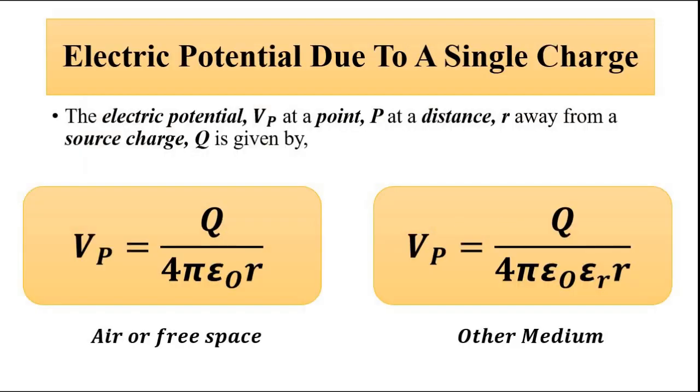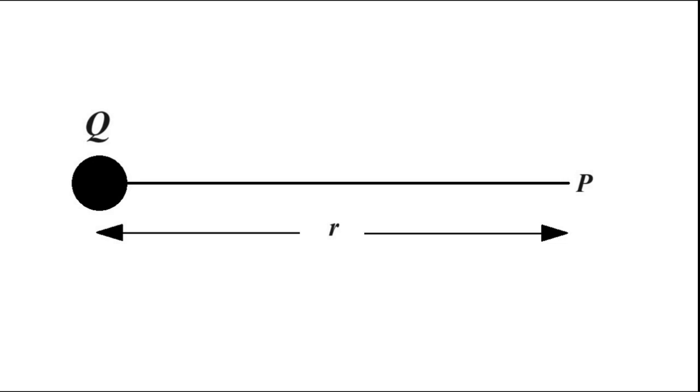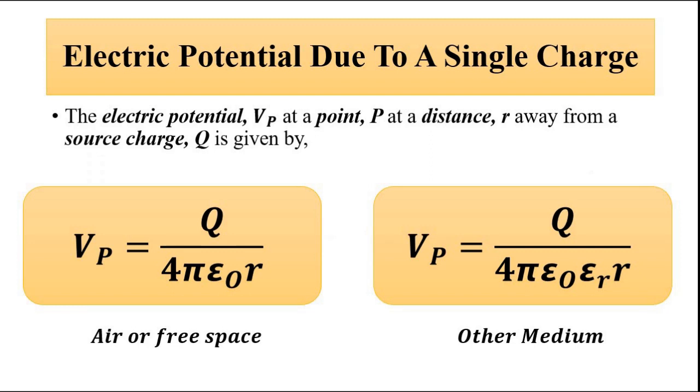So first, a little bit on electric potential due to a single charge. We are assuming a point charge, let's say. If we have a point charge, a source charge, capital Q, and we want to determine the electric potential at a point P, which is at a distance r away from the source charge, then that is given by Q by 4 pi epsilon 0 r, where epsilon 0 is the absolute permittivity or permittivity of free space.